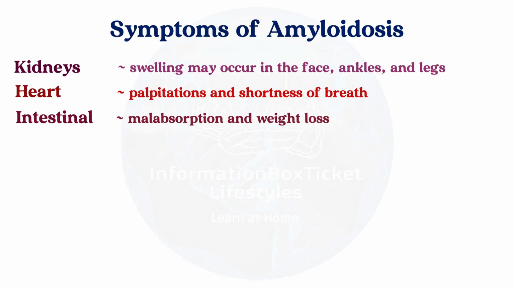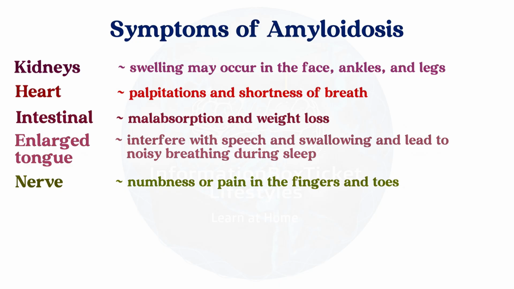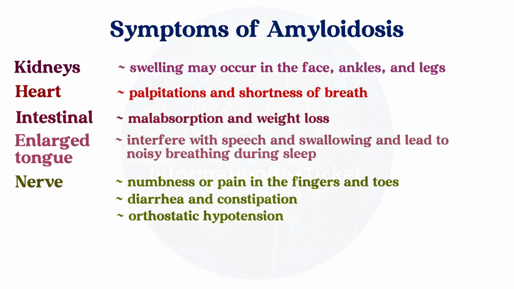Some individuals develop an enlarged tongue, which may interfere with speech and swallowing and lead to noisy breathing during sleep. Nerve involvement can cause numbness or pain in the fingers and toes, as well as alternating episodes of diarrhea and constipation, or orthostatic hypotension, meaning a drop in blood pressure that makes a person feel lightheaded when standing up.